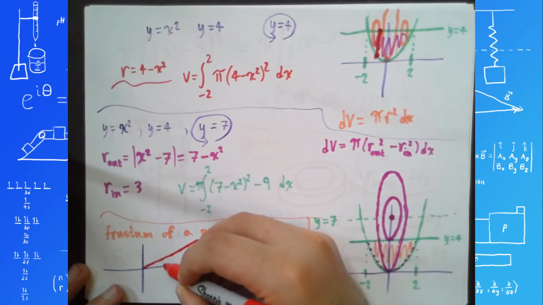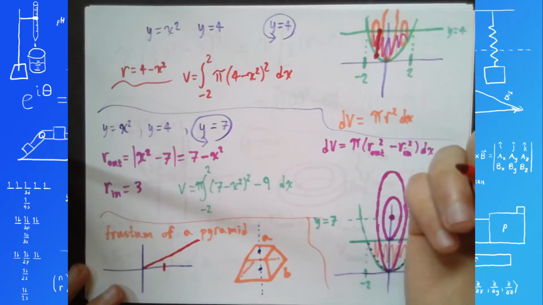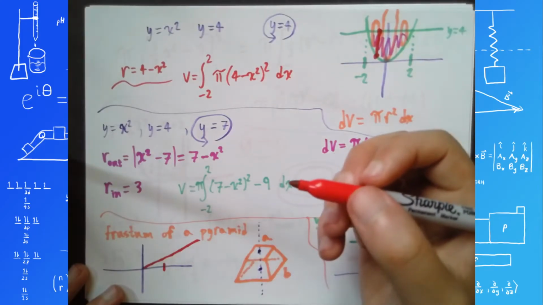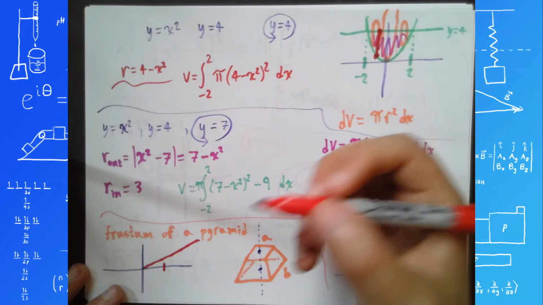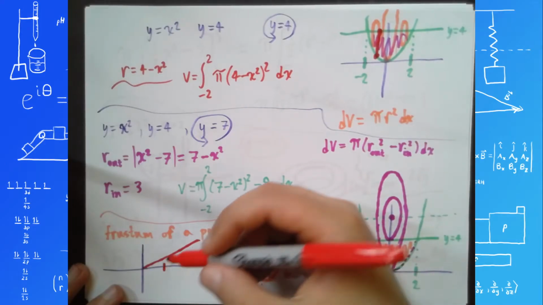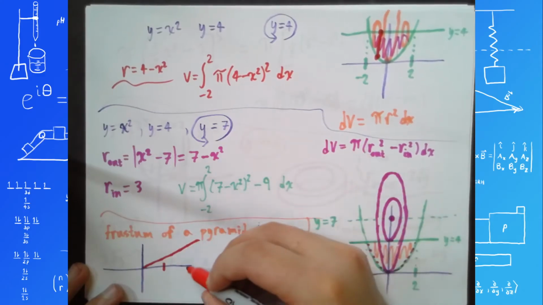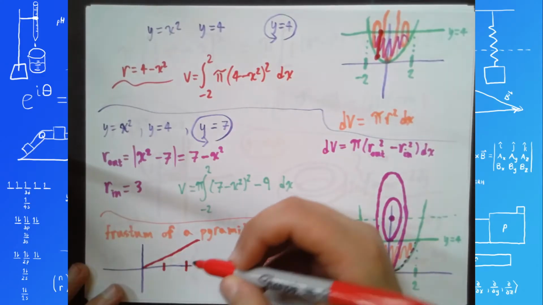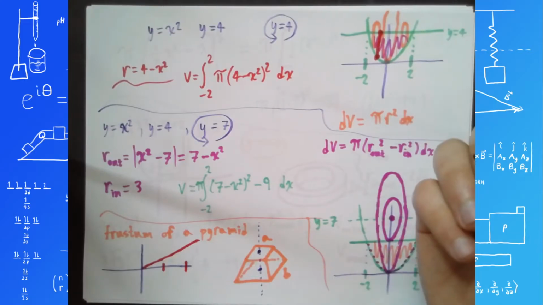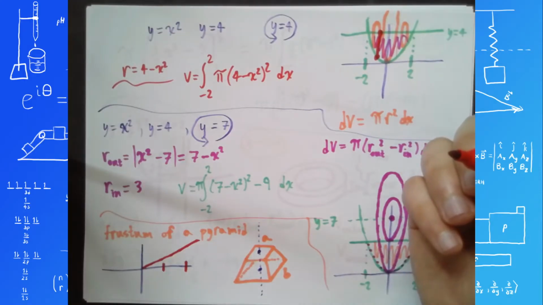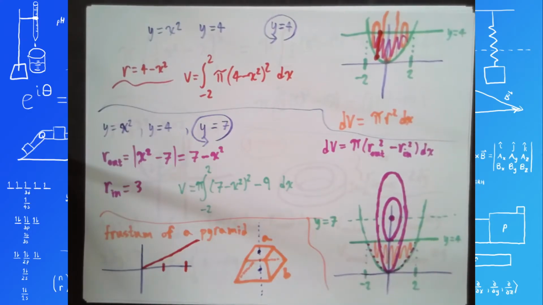I guess at some point over here you would cut it off, and then over here you'd cut it off to get the bottom of the pyramid. Are those A and B? No, those would be maybe half of A and half of B. Well, I guess it depends on the slant.